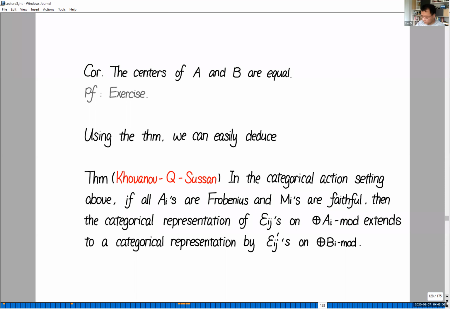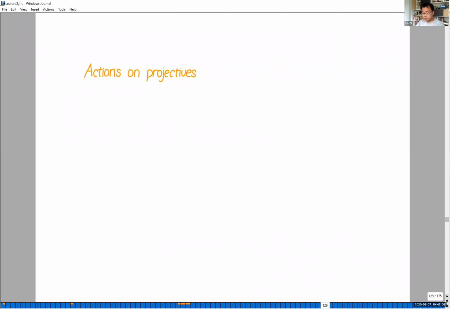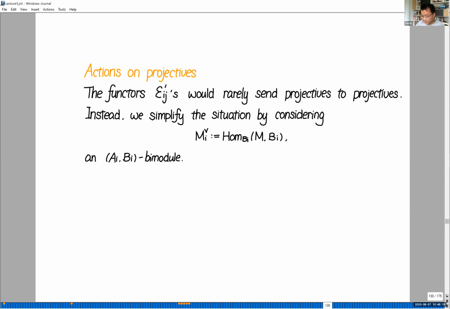To be more precise, actually, we have to restrict ourselves a little bit to projectives. So this functor of tensor Hom is not the ideal situation, actually, because the functors E_ij prime we defined earlier would rarely send projective modules to projective modules.